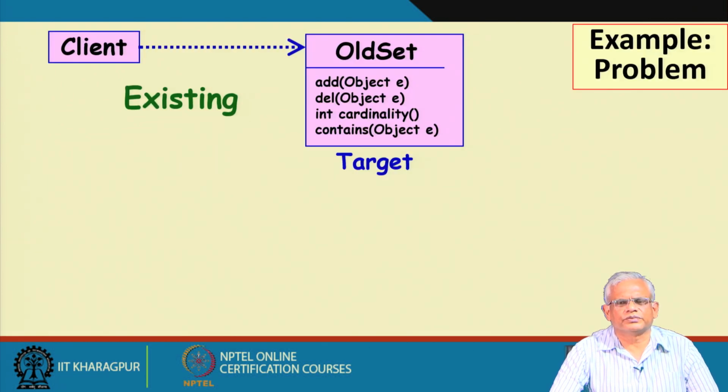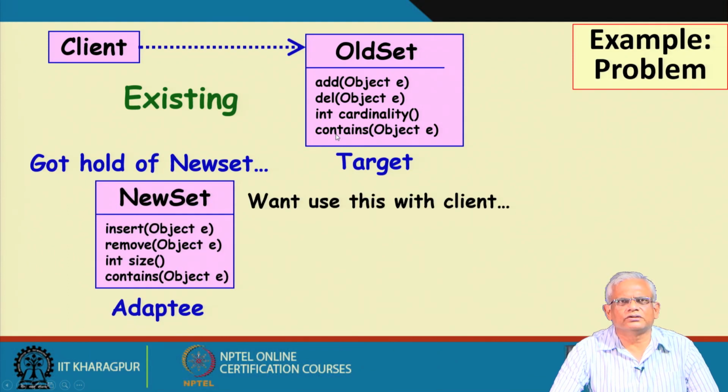Now, let us proceed with our example that we are discussing about the old set. The old set class had the methods add, delete, cardinality of the set and whether it contains an object. So, this is the target interface: add, delete, cardinality and contains.